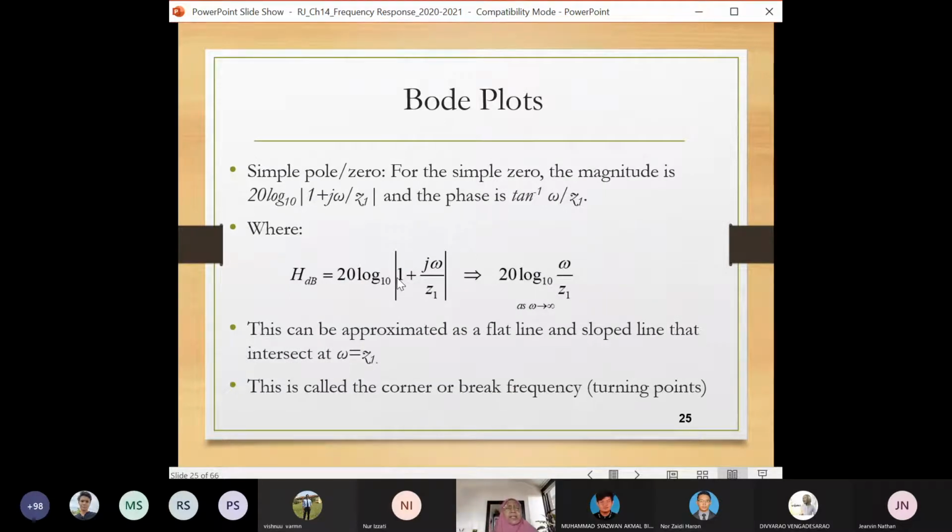And the Bode plots, continuation of the Bode plots for simple poles and zeros.